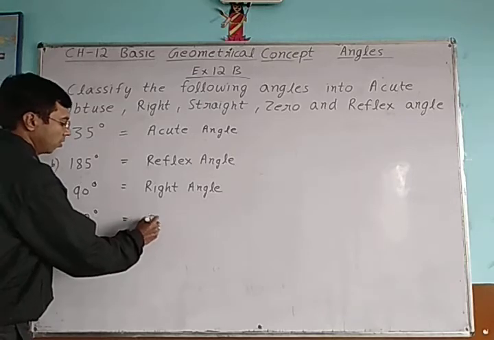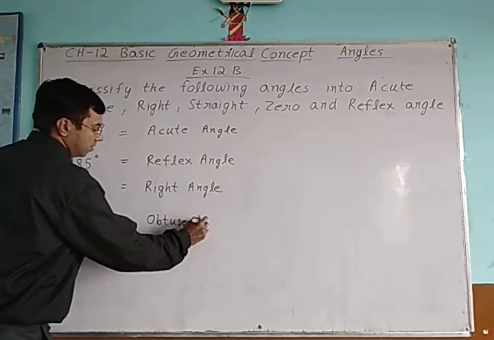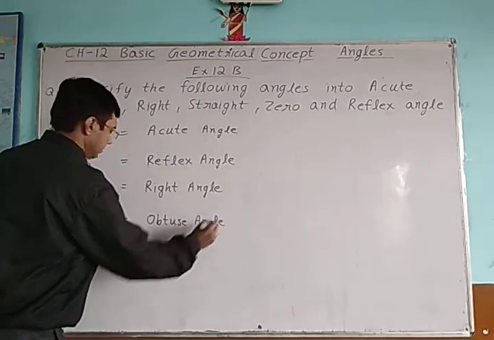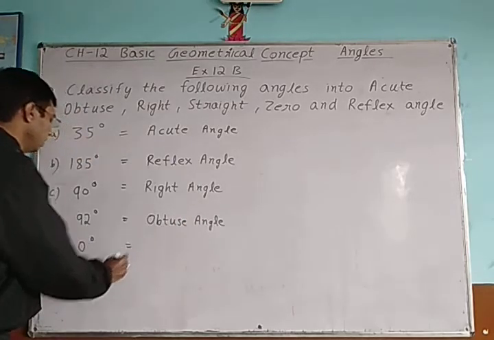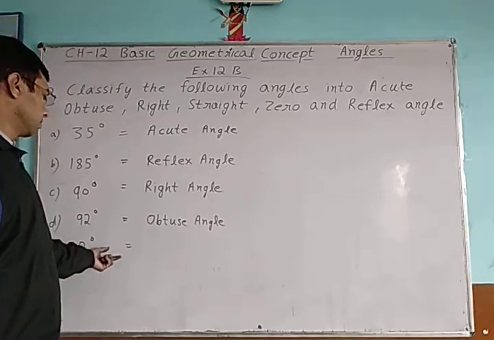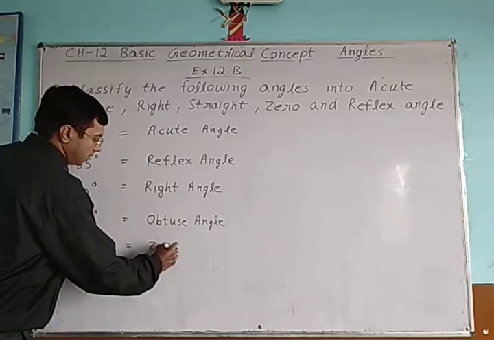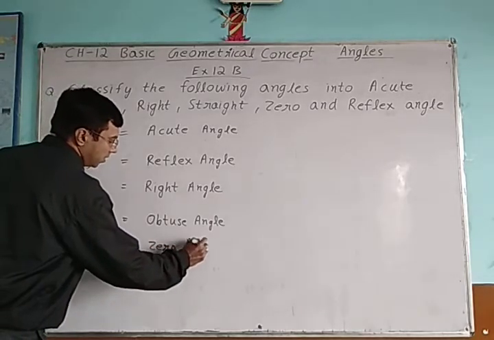So it is what? Obtuse angle. 0 degree. Angle which is 0 degree, it is zero angle. Here, zero angle.